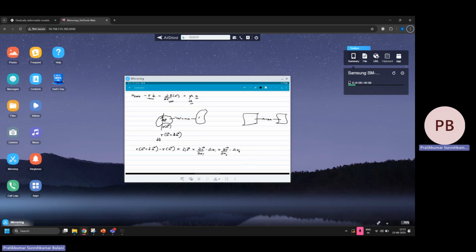For a curve, we only have A1. For a volume, we will have A1, A2, A3 because it is parameterized by three parameters. And for a surface, it will be A1, A2. That's it.